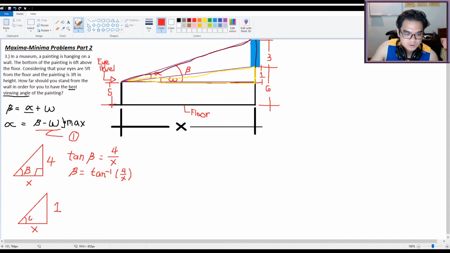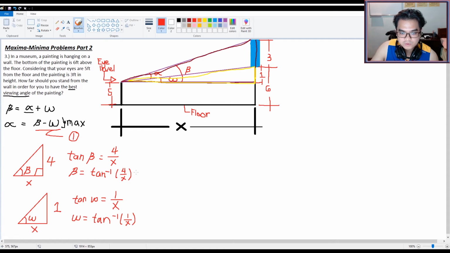It will be omega. Again, using opposite over adjacent, you'll have tangent omega equal to 1 over x, and then omega must be equal to arctan of 1 over x.